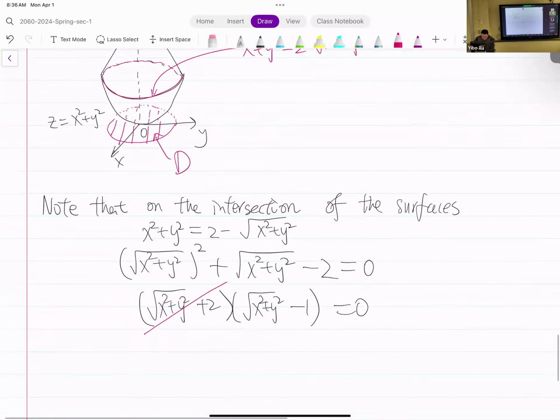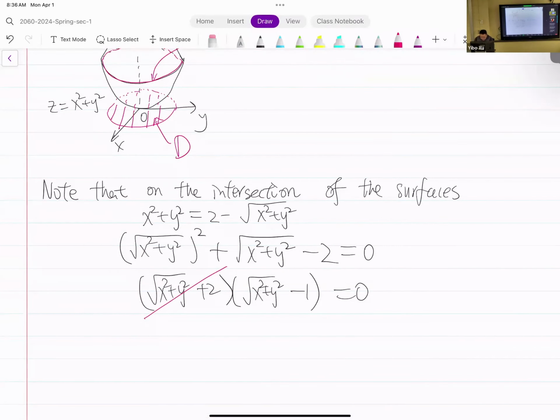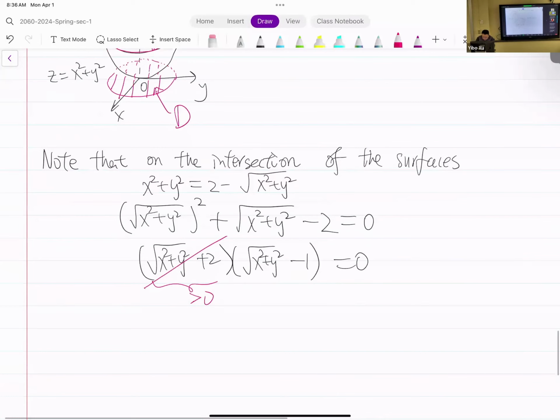So you will only get the solution that the radical has to be equal to 1. So this tells you that A, this radical, must be 1. Or in other words, we are intersecting on the unit circle.